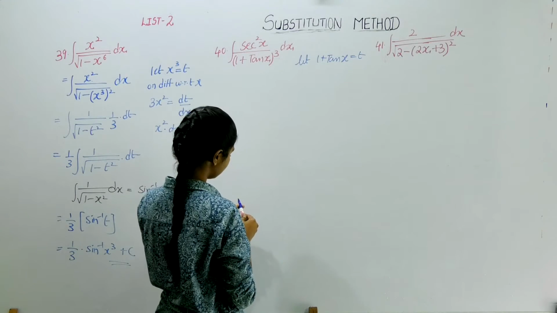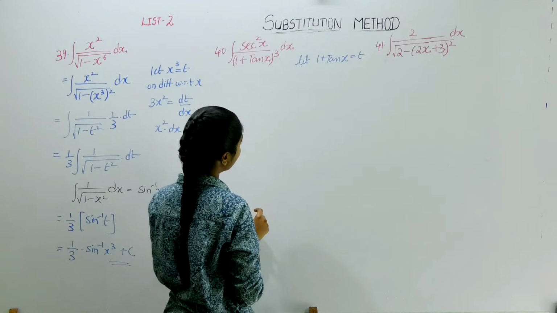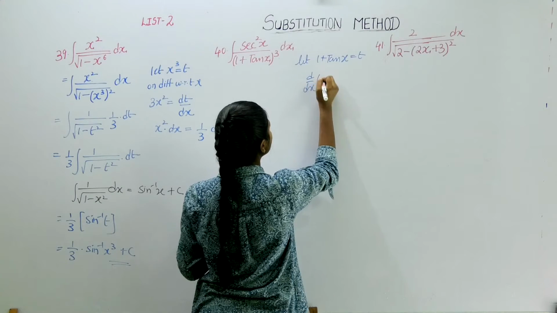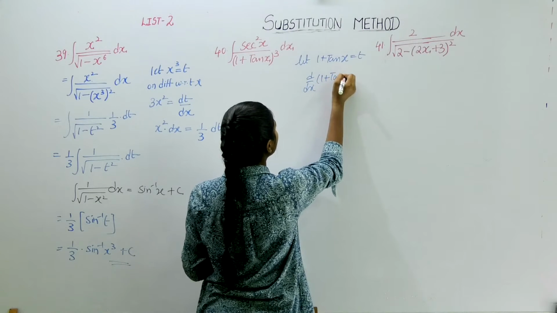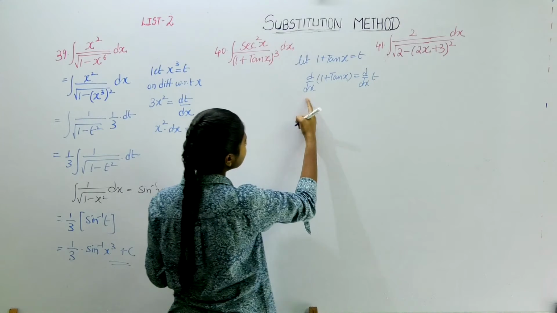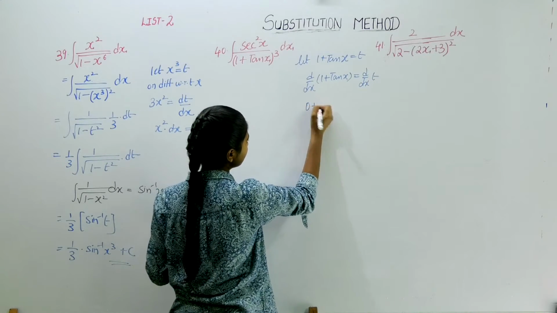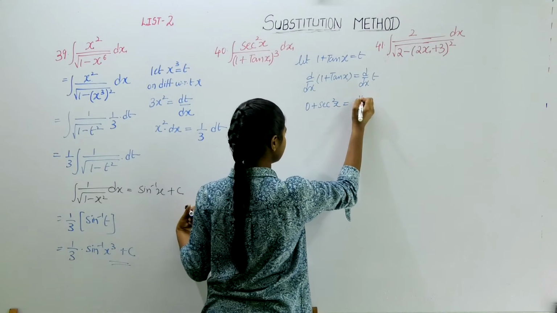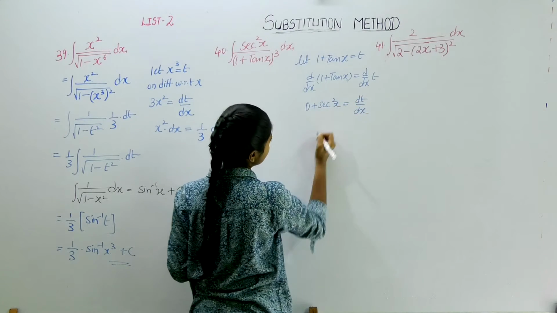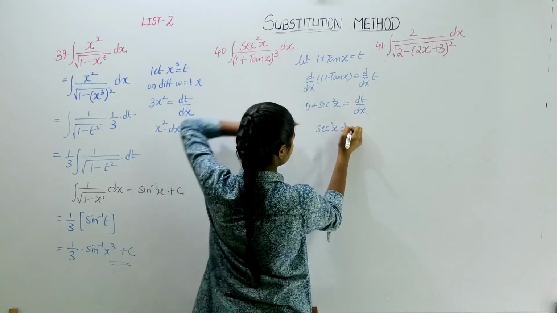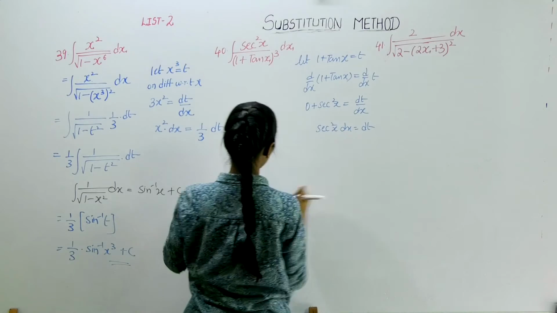Now differentiating with respect to x on both the sides, d by dx of 1 plus tan x is equal to d by dx of t. d by dx of 1 is 0, plus d by dx of tan x is secant square x, which is equal to dt by dx. In the place of secant square x into dx, we can write dt.